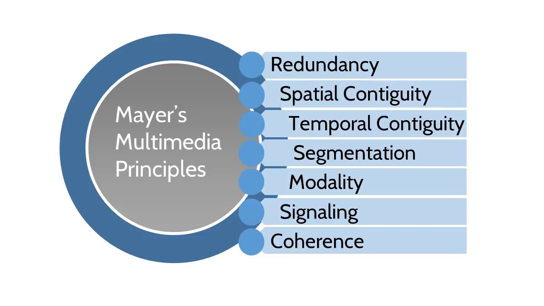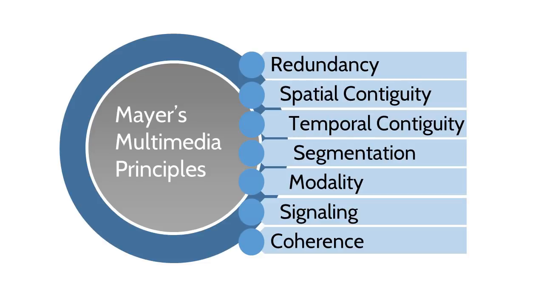Avoid redundancy. Present only one thing to each channel. Remember spatial contiguity. Keep explanatory text close to the image. Include temporal contiguity. Present explanation and visualization at the same time. Practice segmenting.